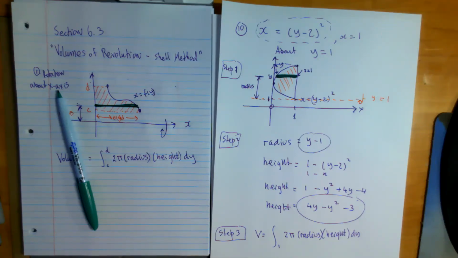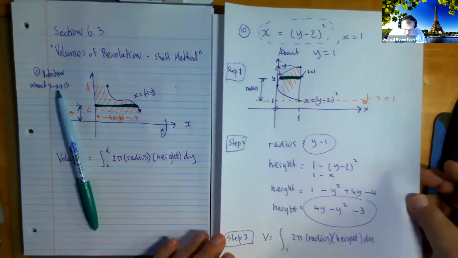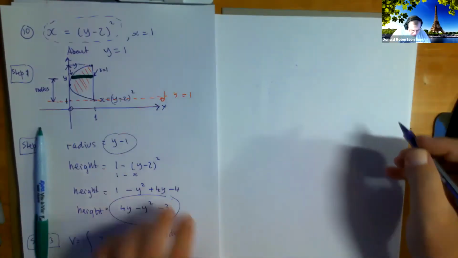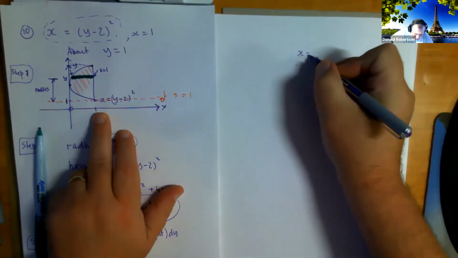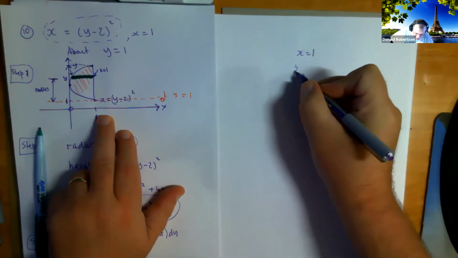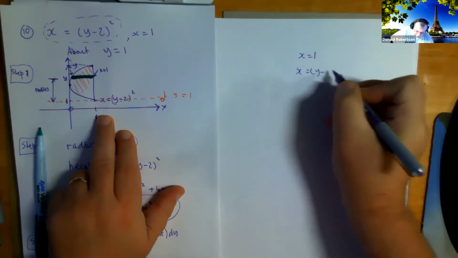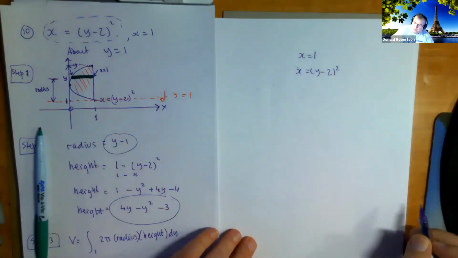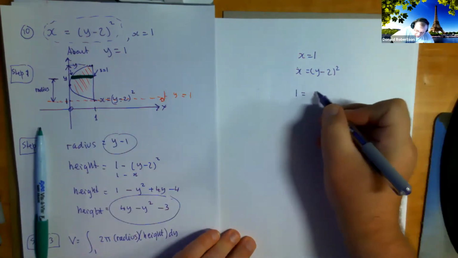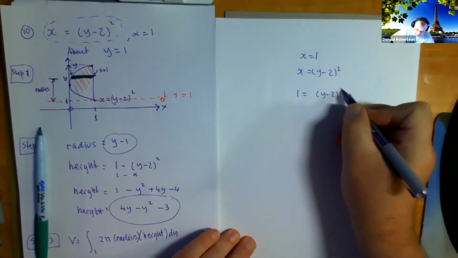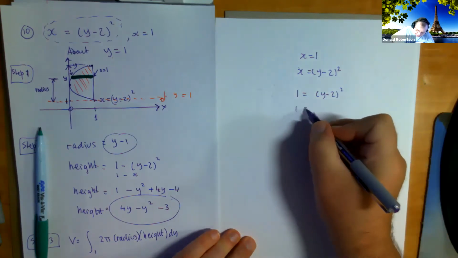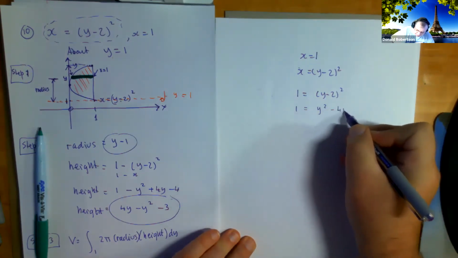Intersect. Okay, now the intersect that we have to deal with, so I'll do this at the side, is the vertical line x equals 1 meeting up with the curve y minus 2 squared. So if you set them equal to each other, and then you have to spend some time doing the usual math stuff.